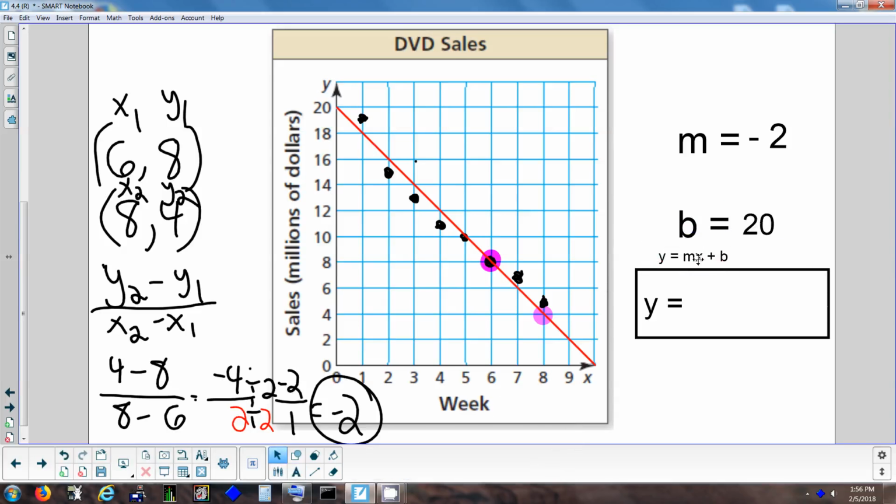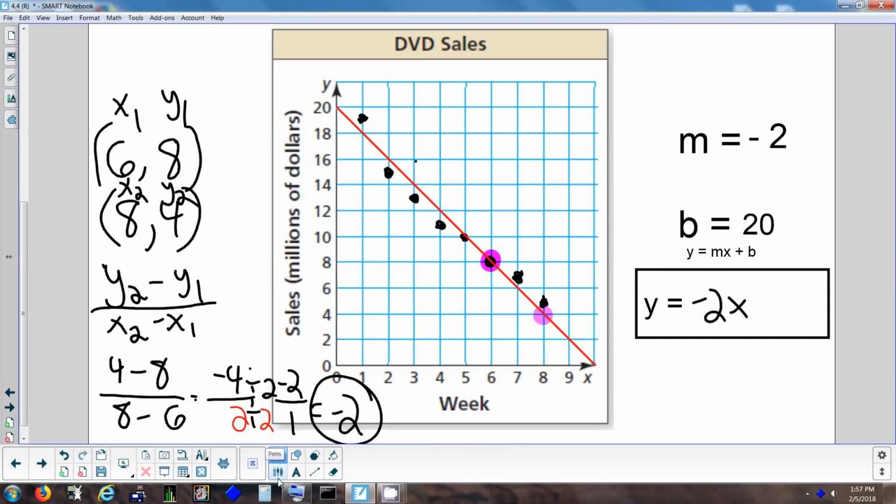Now, this kind of goes back to what we did a few weeks ago before the midterm. I have my slope. I have my y-intercept. I figured it out. Now I just have to put it in slope-intercept form to create an equation. Y equals, what should come after that? -2, right? And like Noah just said, it's going to have the x with it because it's the slope.